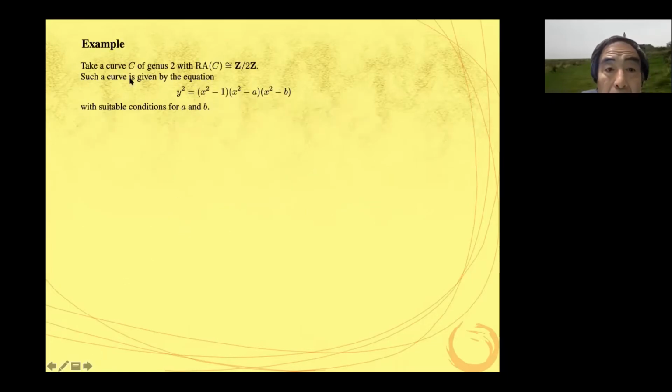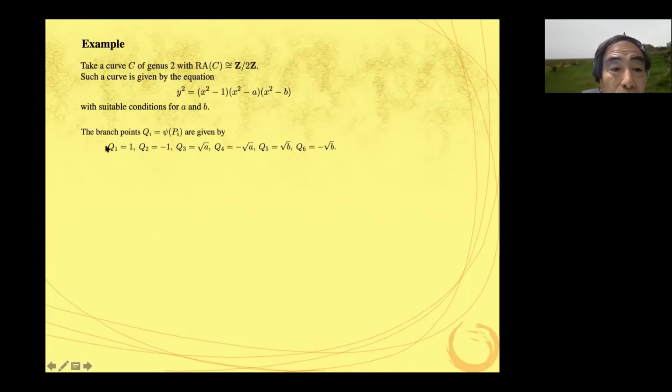For example, we consider one example. Take a curve C of genus 2 whose reduced automorphism group is isomorphic to Z over 2. Then such a curve is given by an equation like this, with a suitable condition for A and B, of course. If AB is very special, then the reduced automorphism group becomes bigger than this cyclic group.